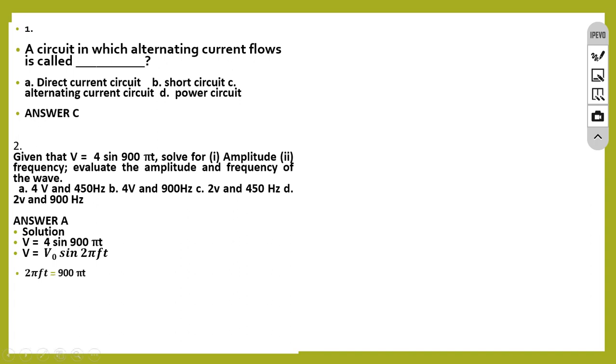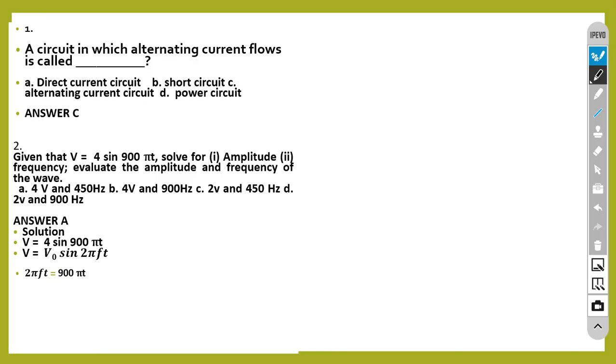2 pi ft equals 900 pi t. Then we begin to cancel out. What is common to both sides? Pi is common, so pi will cancel pi, and t will cancel t.